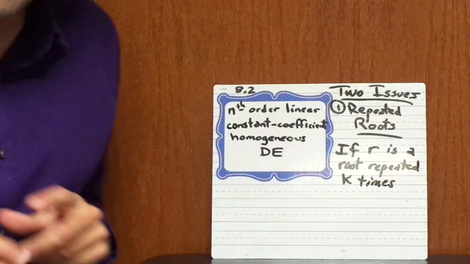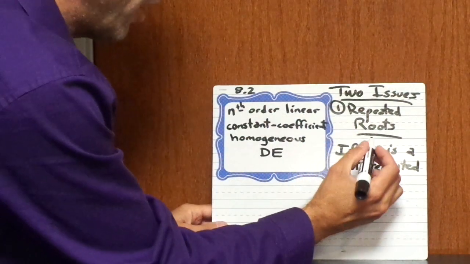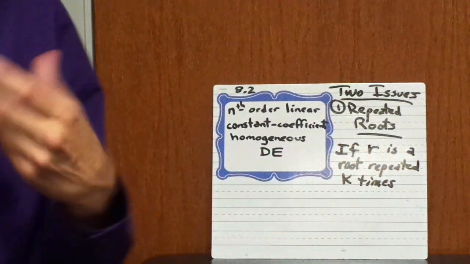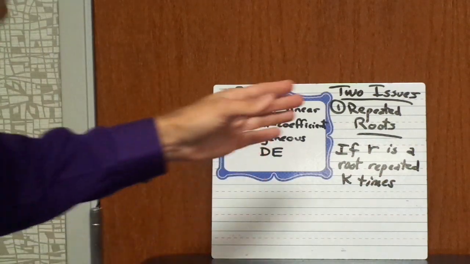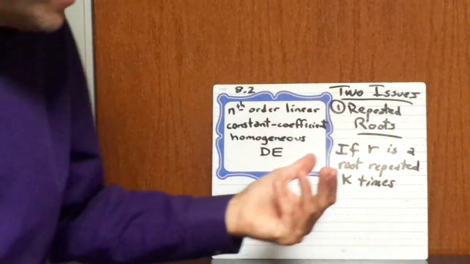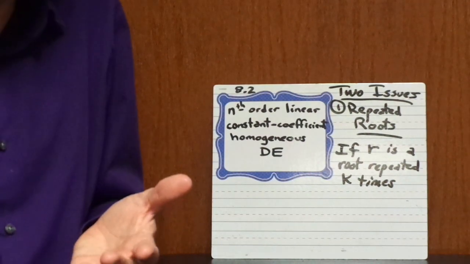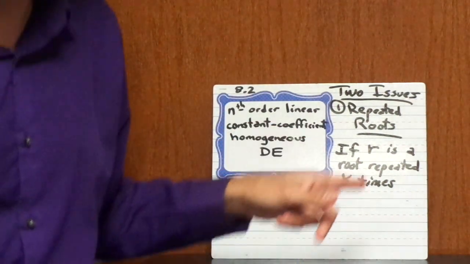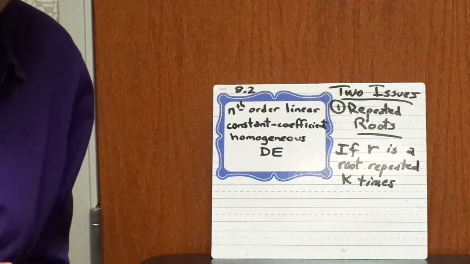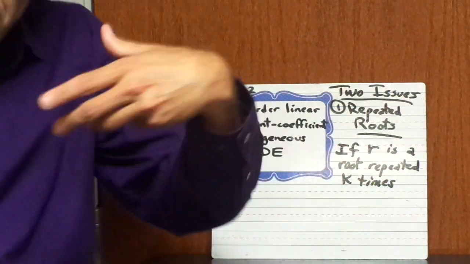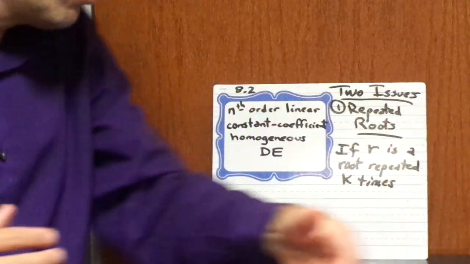Well, it turns out we can still get k linearly independent solutions to our differential equation that are all associated with that particular r value. So this r can be used to generate enough solutions, right?